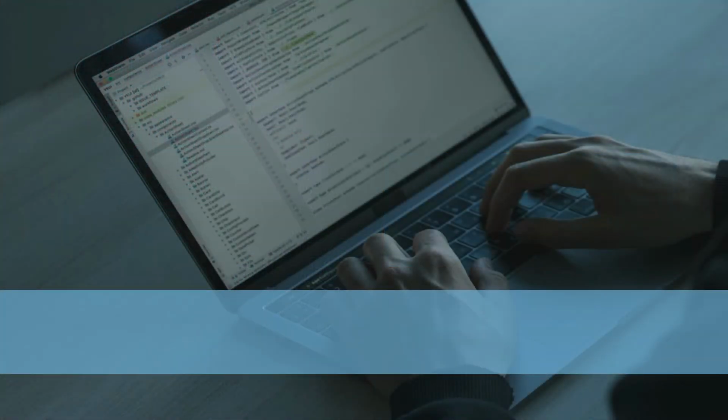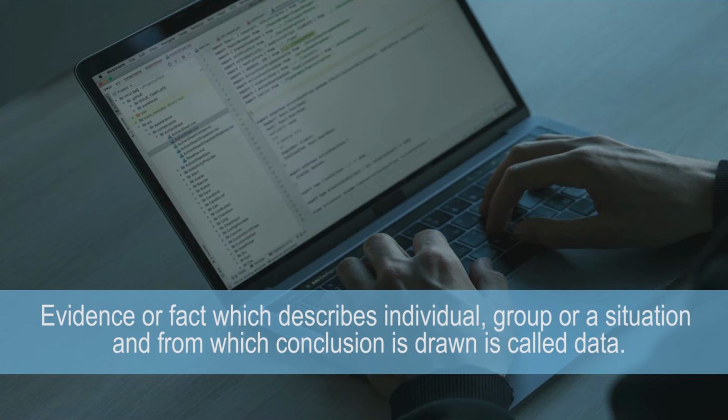Further, we can say it is evidence or fact which describes an individual, group or situation, just like mean score, standard deviation score, and upon a situation also, your idea, your attitude towards a situation, from which a conclusion is drawn. So this is called data.